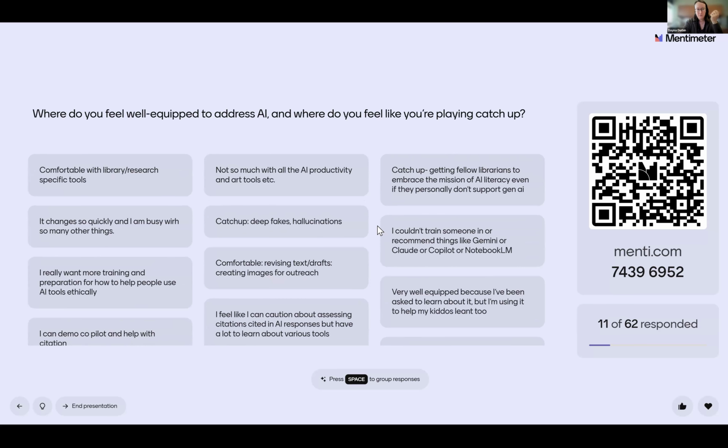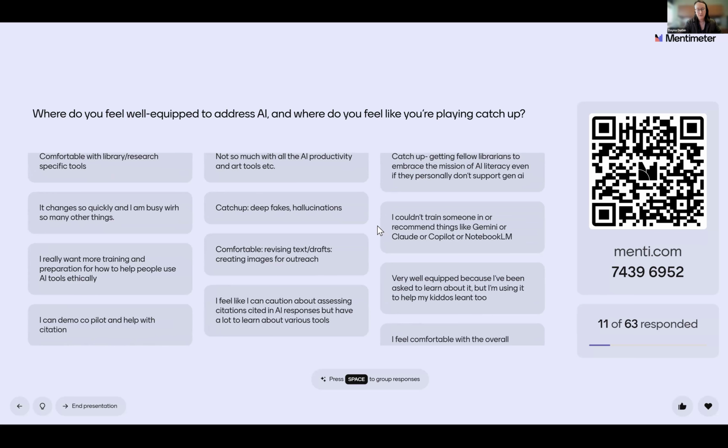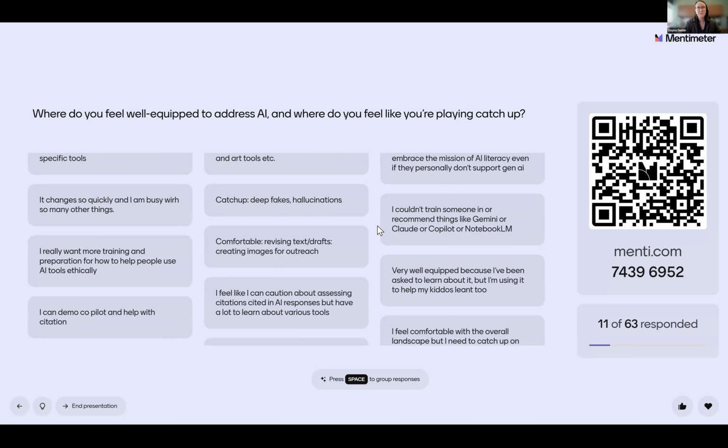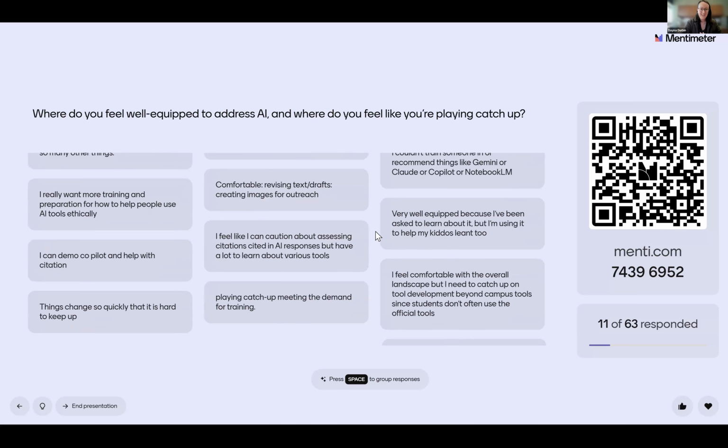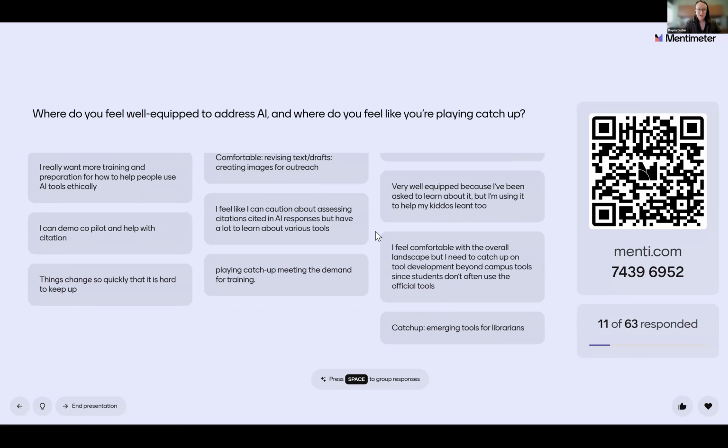Not so much with all the AI productivity and art tools, etc. Yeah, needing to catch up with deep fakes and hallucinations. That is so difficult. I spend a lot of time on it, and it's still a struggle for me. Comfortable with revising text and drafts, creating images for outreach. I feel like I can caution about assessing citations cited in AI responses, but a lot to learn more about the various tools.